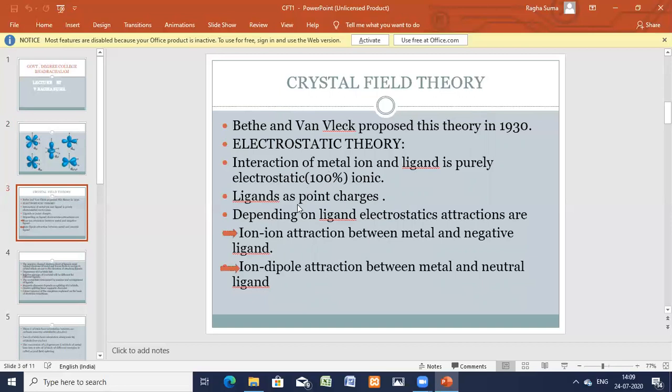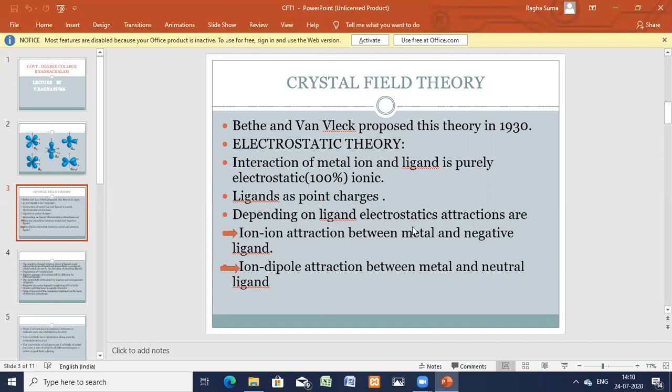Now, depending upon the ligand, the electrostatic attractions are of two types. One is ion-ion: if the metal is a cation and the ligand is an anion, then that is ion-ion attraction.